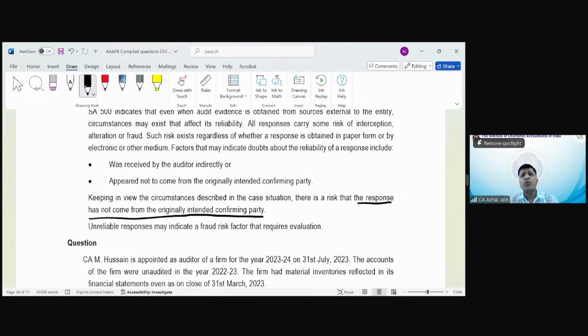You may plan to call those parties, or physically verify some of those locations to check whether they actually exist or not. Then get into discussions with management as to what has happened in the given case. Because it's more of a fraud risk, the auditor will have to plan more audit procedures other than confirmation. Confirmation is done, but beyond that, the auditor will have to go further.